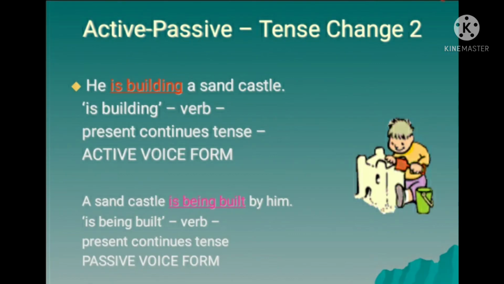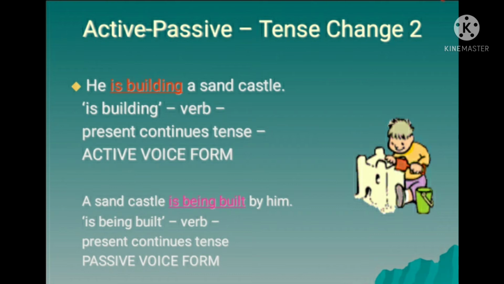Let's go to the second example where a change in the tense is being done. He is building a sand castle. What is a verb here? Is building. And is building is a present continuous tense. And this is which voice? Active voice. So what will be the passive voice?